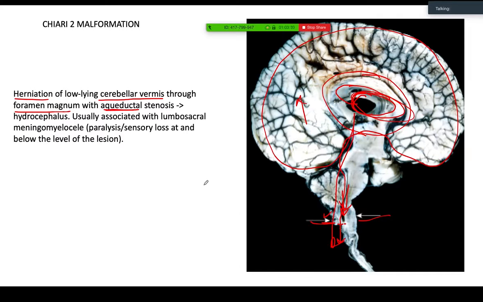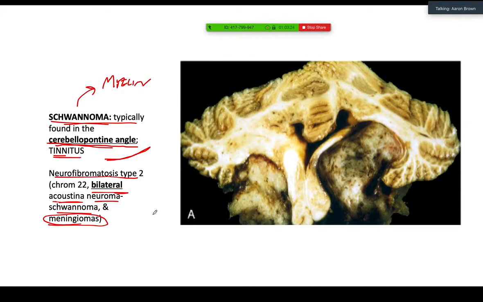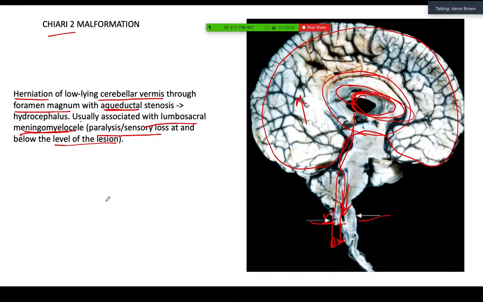Okay. Other things that we can see in Chiari 2 include lumbosacral meningomyelocele, which is associated with paralysis and sensory loss at or below the level of the lesion. What is a meningomyelocele? So we have different grades for, okay, so let me start at what happens embryologically.